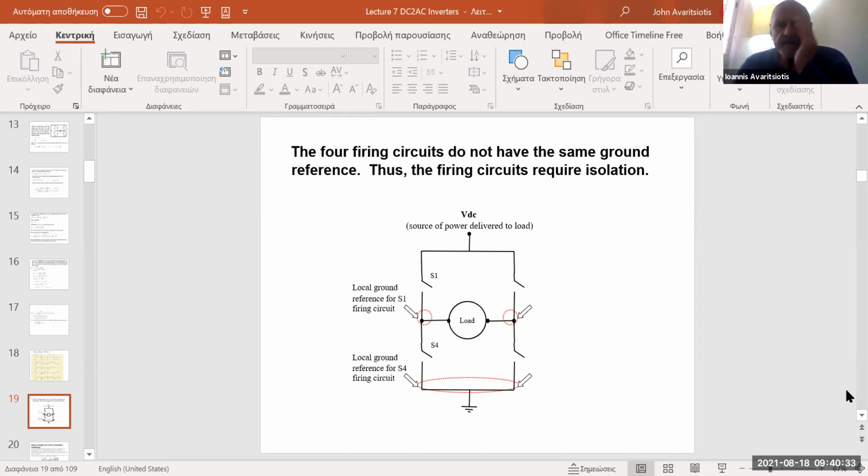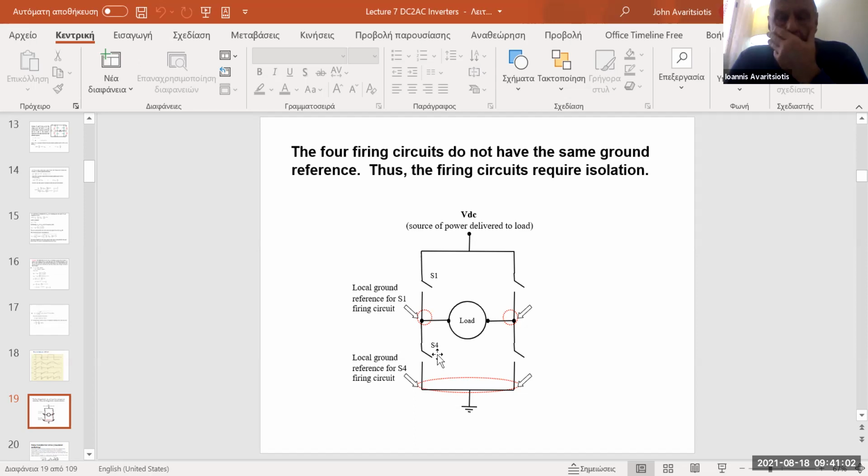And in this case, I have again here the full bridge inverter with the 4 switches, and I'm showing to you only switch S1 and S4. So when switch S1 is closed, switch S4, if you remember, must be open.